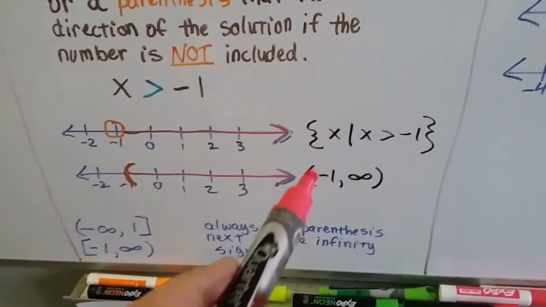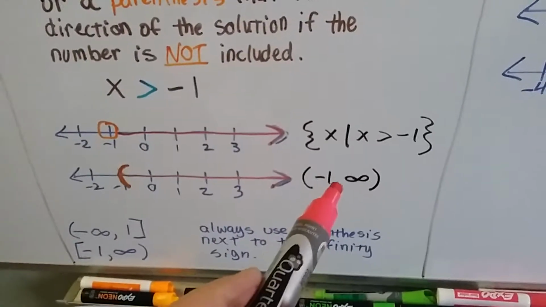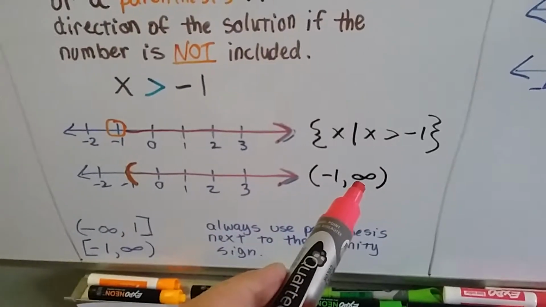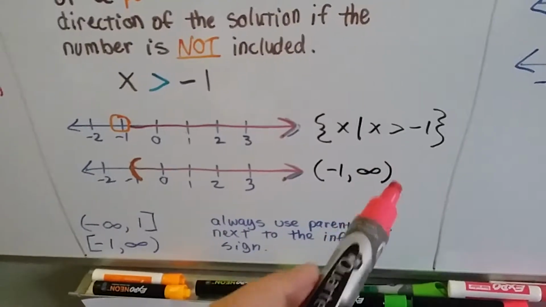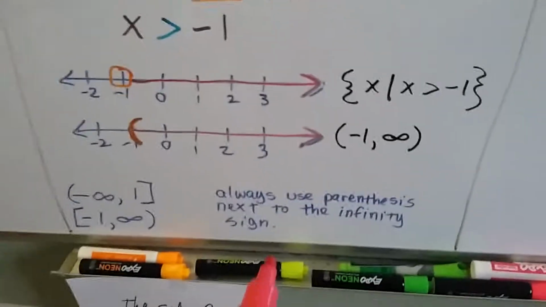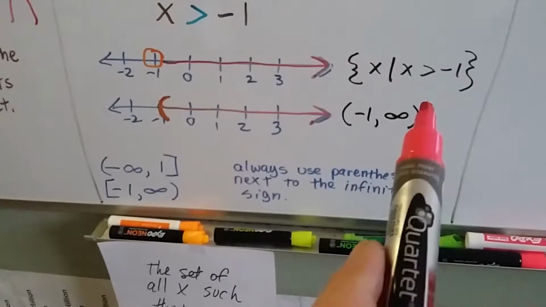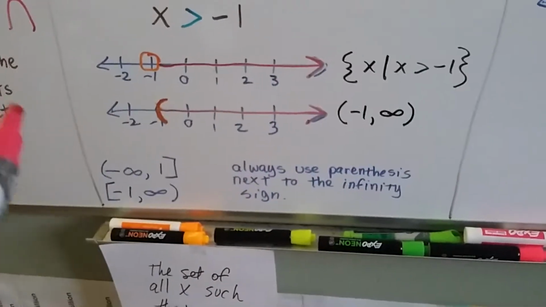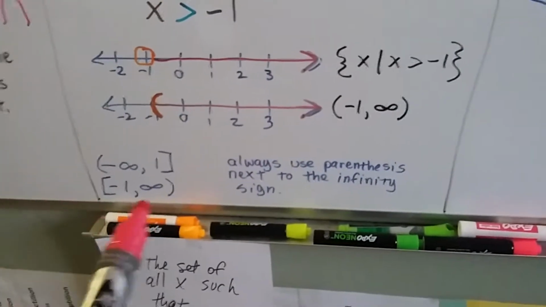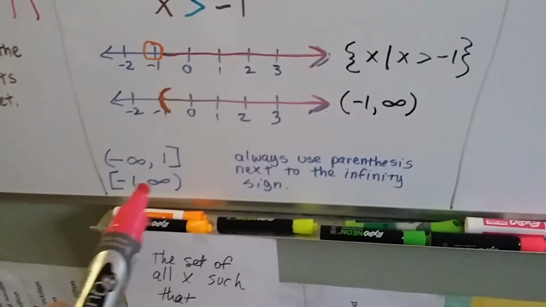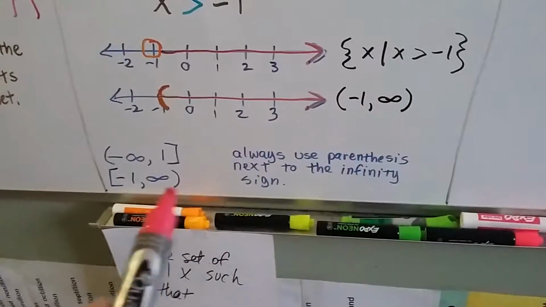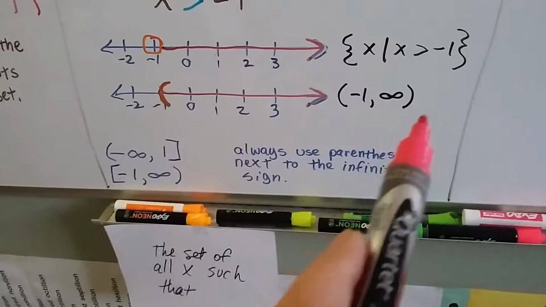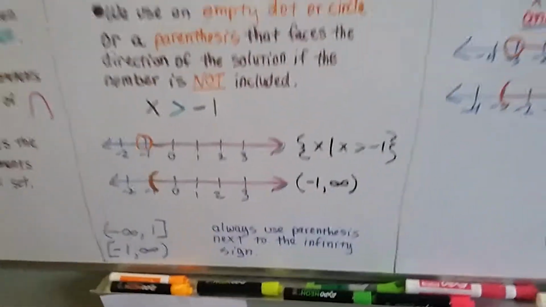In interval notation, we just put the parenthesis, the negative 1, a comma, the infinity symbol, and then another parenthesis to close it off. Now, we always use a parenthesis next to an infinity sign. Whether we're going forever into negative infinity, you would do it like this. And if it was going forever into positive infinity, it would be like this. And you always put a parenthesis next to it. It never gets a bracket, okay?